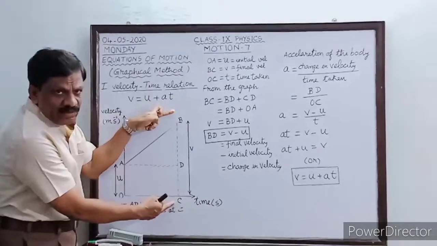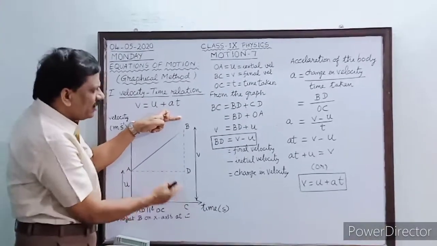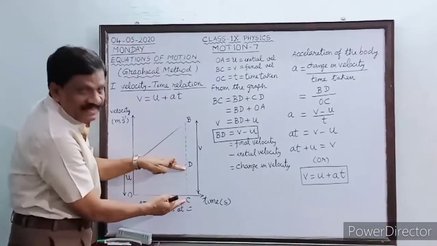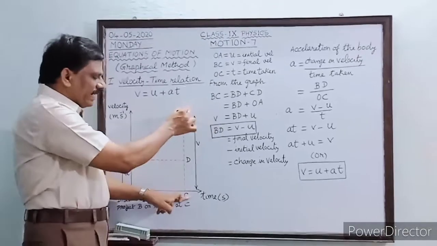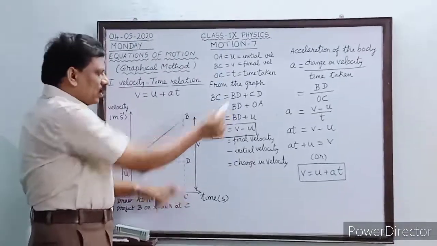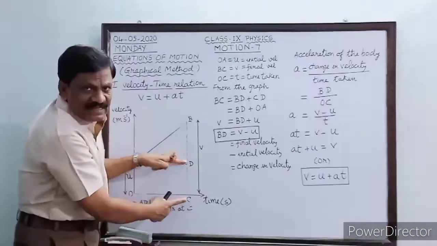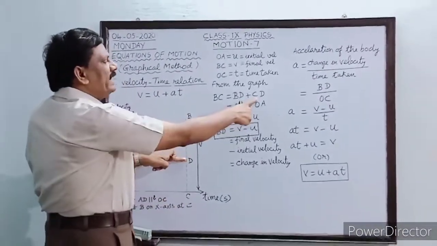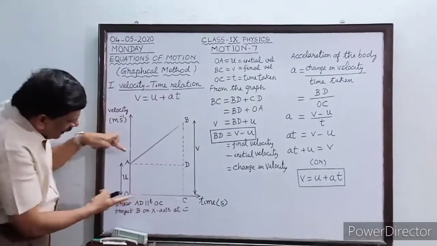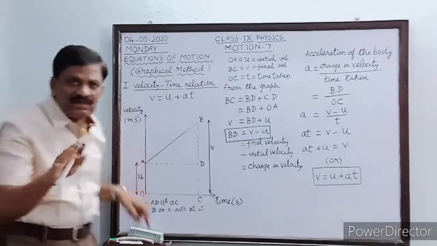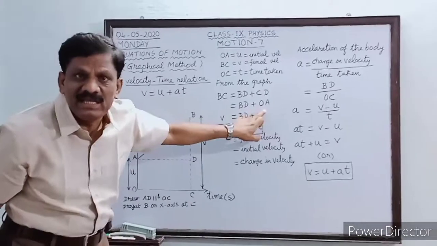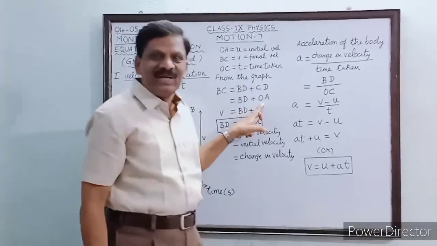This BC can also be written as the sum of the two sides BD and CD. The total length BC is equal to the smaller portion BD plus the remaining portion CD. And this CD is parallel to OA. So, can I substitute OA in place of CD? Yes. Good.